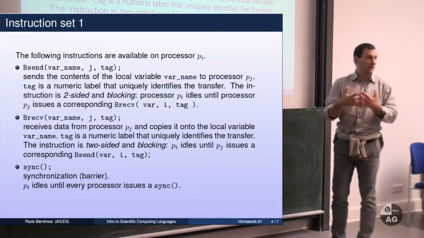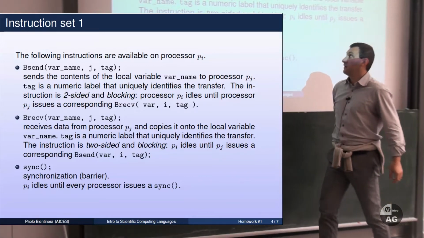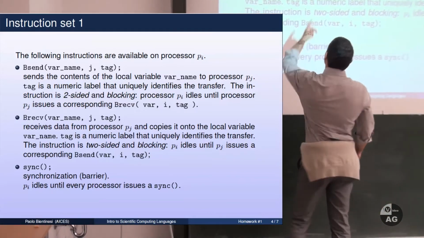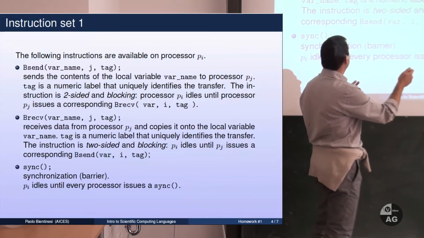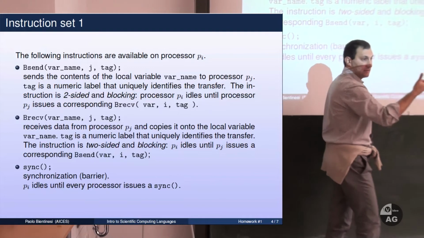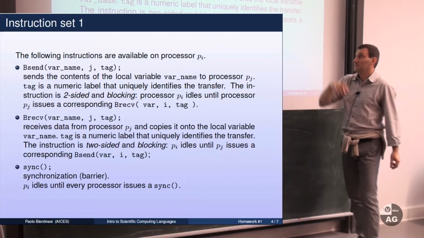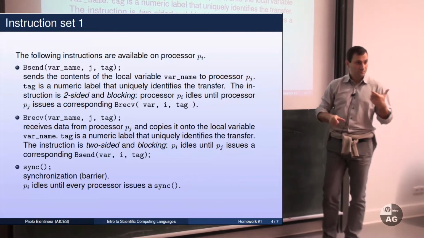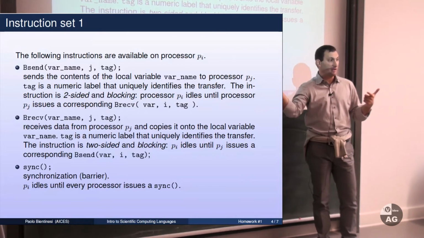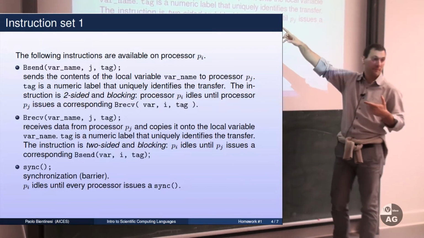So what is the semantics? What is the meaning of bsend? Bsend is a function that takes a variable name, var name, takes a j, a processor number, and a tag. Tag is just an ID, an identifier. And what it does, actually doesn't do anything until a corresponding receive is executed by the processor j.